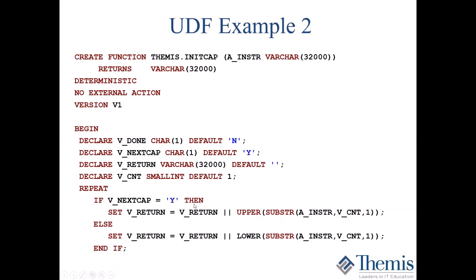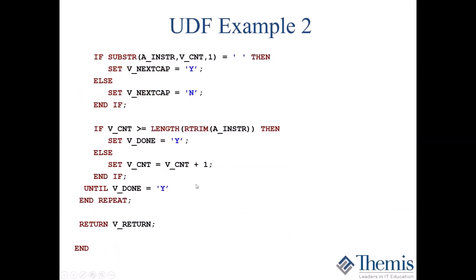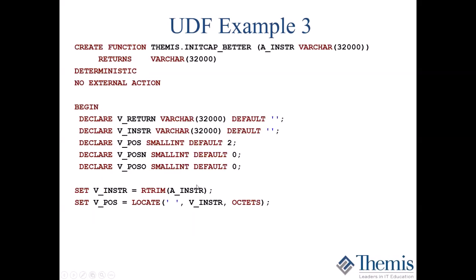So this was actually pretty easy to write with code, and you can see that going on right at the bottom of the screen here. If next cap is a yes, that meant the previous one was a space. I concatenate onto my return either the uppercase or the lowercase, depending on whether the thing right before it was a space. And I do that until I'm past the length of the string. Okay, so just a couple pages of code there, nothing real big.